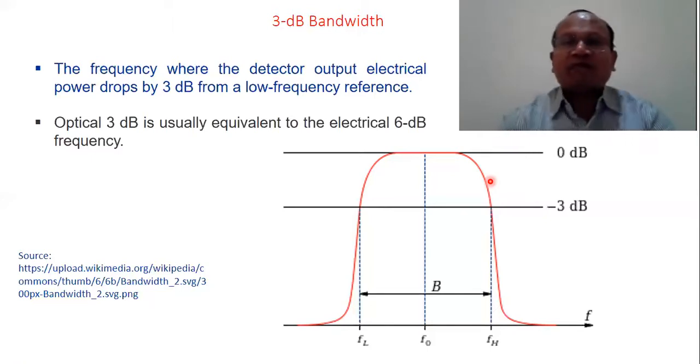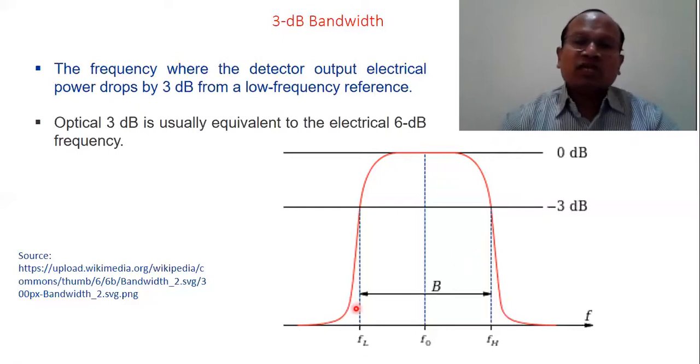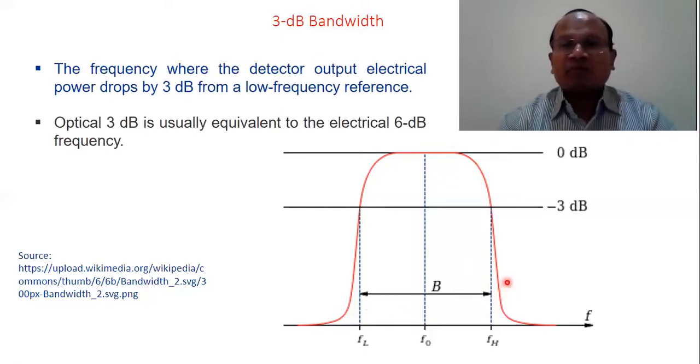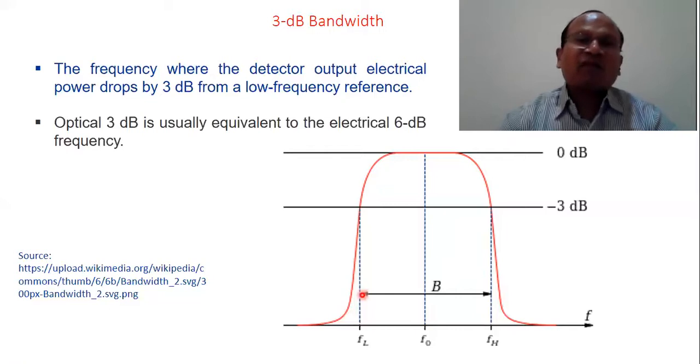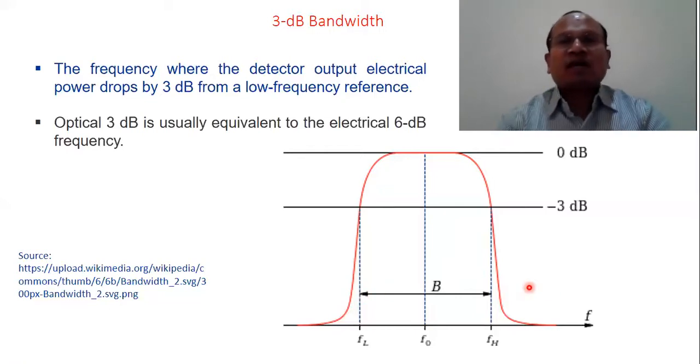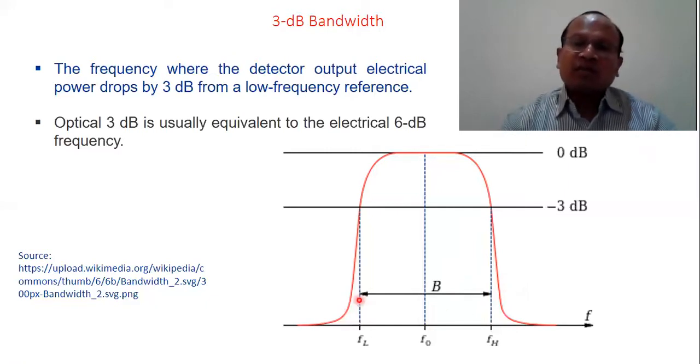And what is 3 dB bandwidth? You see here the bandwidth is extending from the lower cutoff frequency to the higher cutoff frequency. And these two frequencies are called the lower 3 dB frequency and the higher 3 dB frequency. All right, and then the range which extends from lower to higher, as shown here, is called the bandwidth.